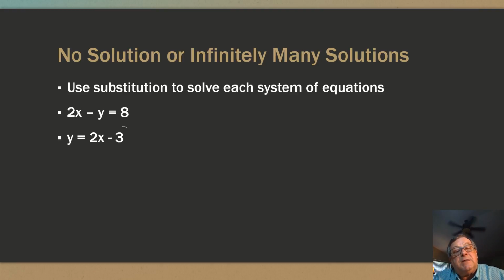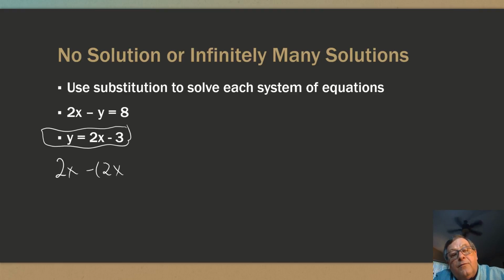And I can easily substitute, in this case, into that first equation, for y, substitute in 2x minus 3. And so let's do that just real quickly. So I get 2x minus, in parentheses, 2x minus 3 equals 8.